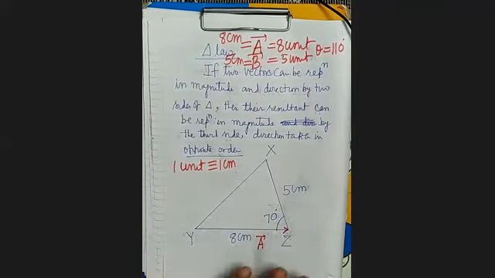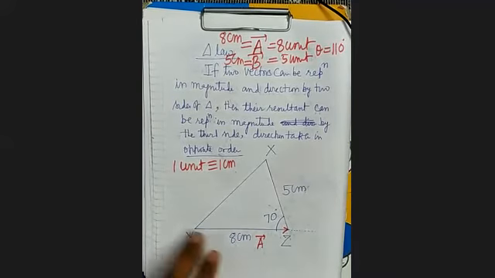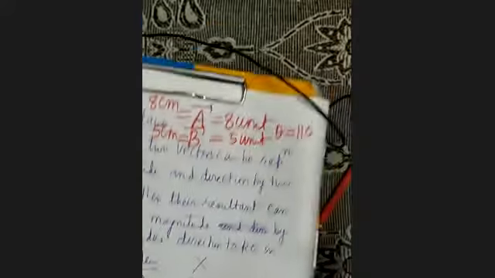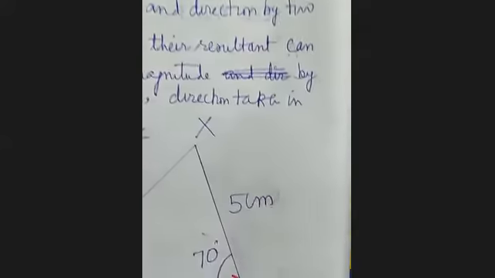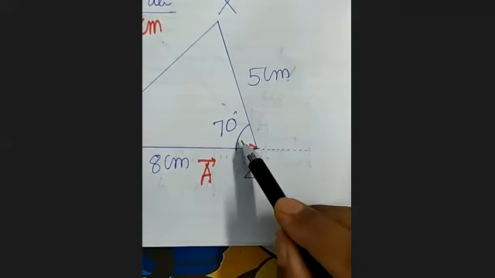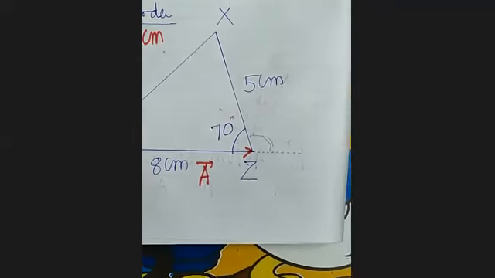Now see here. This is the produced part of YZ. You can see here, produced part. Now this angle is 70. So what will be this angle? Who can tell? 110 degree.